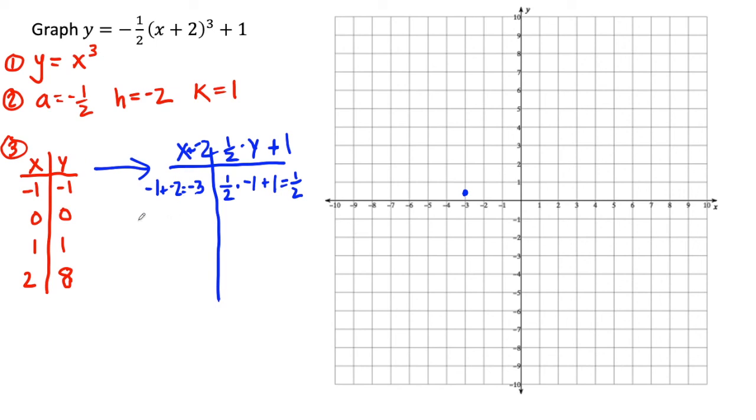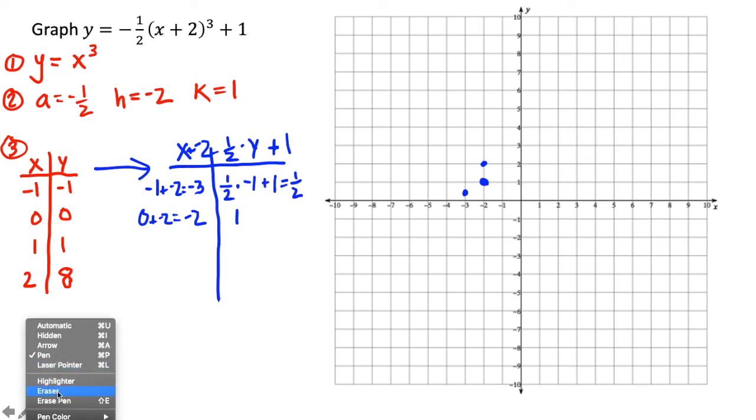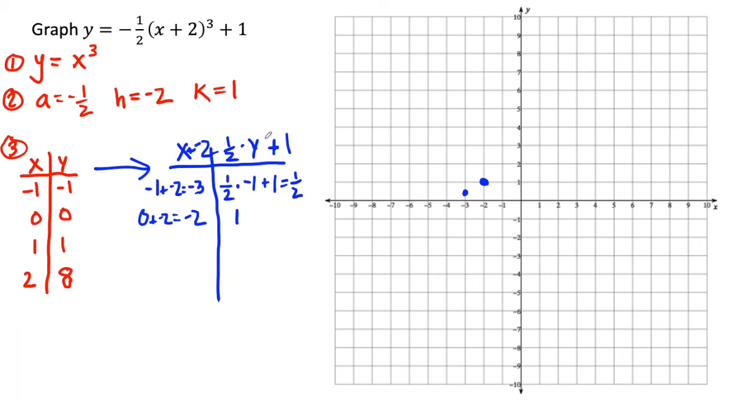When I plug in 0, 0 plus negative 2 gives me negative 2. And negative 1/2 of 0 is 0 plus 1 is 1. So at negative 2, positive 1, we have a point.